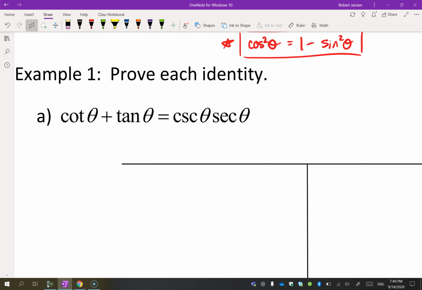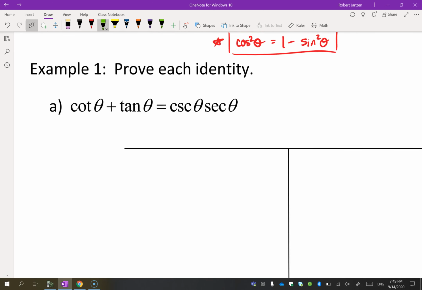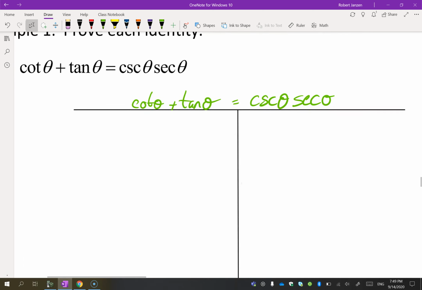So let's prove this identity. I'm going to start by writing it out. Which side looks more complicated to you? Well, they kind of look similar, but my tip to you is that usually addition is more complicated than multiplication. So we're going to work on the left-hand side.